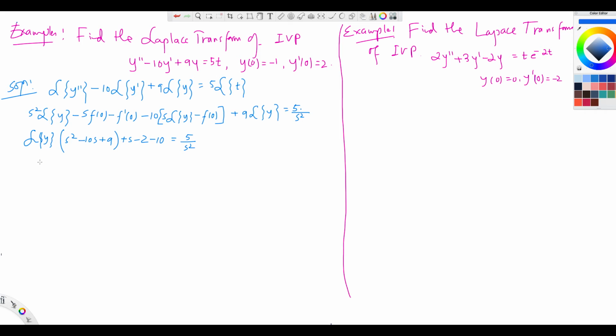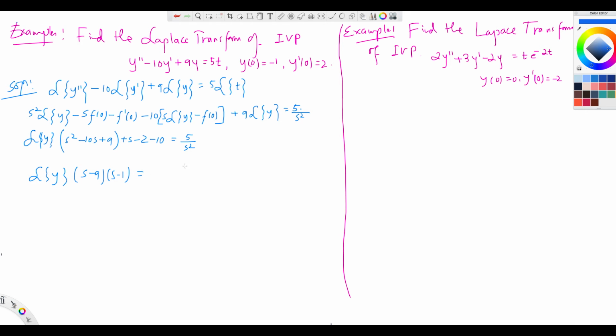So how do I do that? Let us see, what do I get there? The Laplace transform of y is equal to, can you get the factors of this just to write it in a nicer form? The factors of this will be s minus 9 and s minus 1, because when you add you need to get negative 10, negative 9 minus 1, and when you multiply you get positive 9, right?